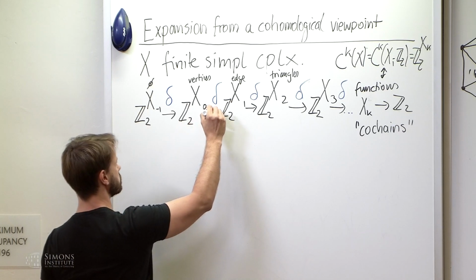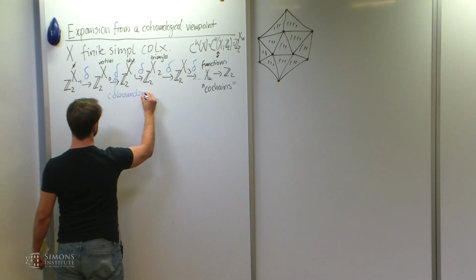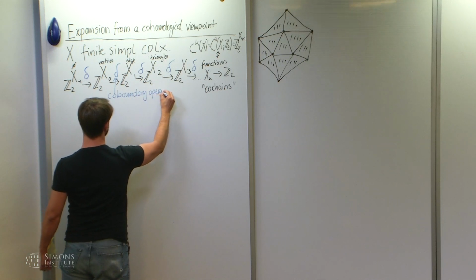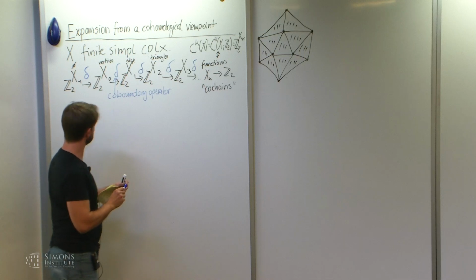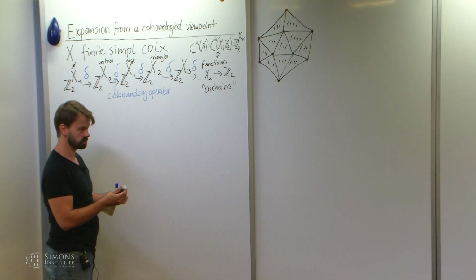So this thing is called a co-boundary operator. Maybe too fancy a word. And it's just given by the incidence relation, but let's spell it out.